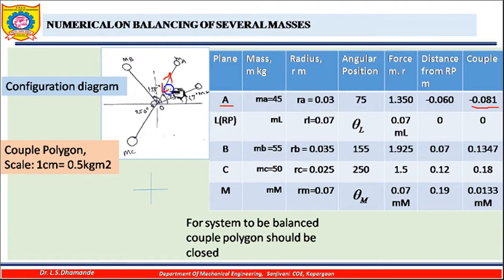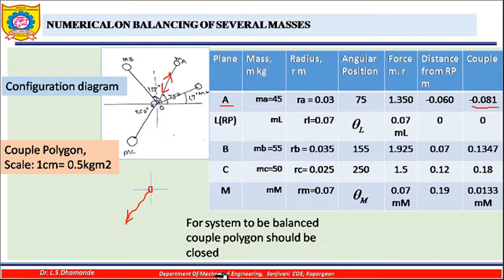So this is my starting point, and from this point now I will draw one vector which is parallel to this line, but in the downward direction like this, and the length of this vector will be, whatever the scale I have selected, minus 0.081 divided by 0.5, so I will get the length of this vector, and then I will draw this vector there. Definitely for the system to be balanced, the couple polygon should be closed.